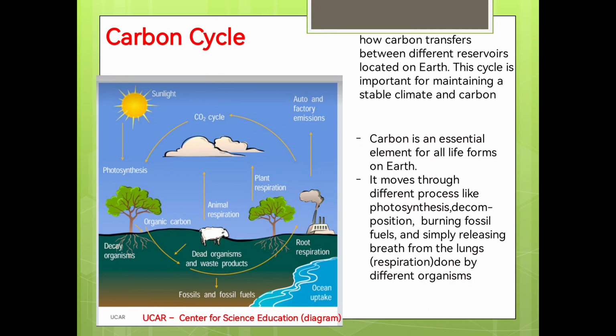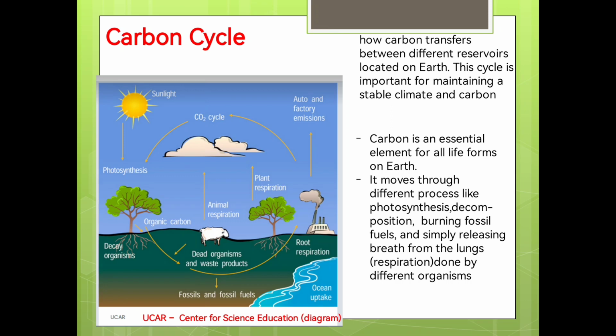So paano? Cold surface water, yung malalapit sa mga poles, absorbs more carbon dioxide than warm water. And this cold, dense water sinks to the sea floor, yung pinaka-bottom ng dagat, and flows slowly through ocean basins and in deep ocean currents.